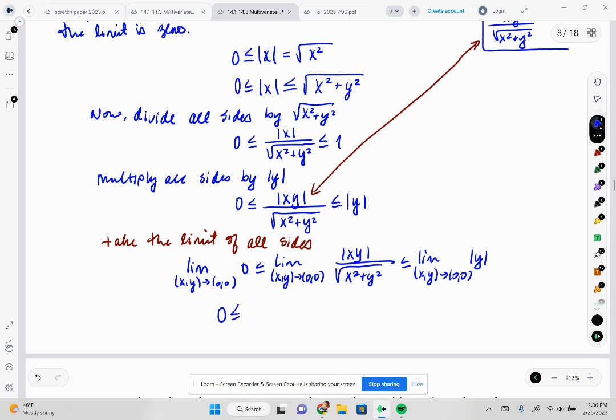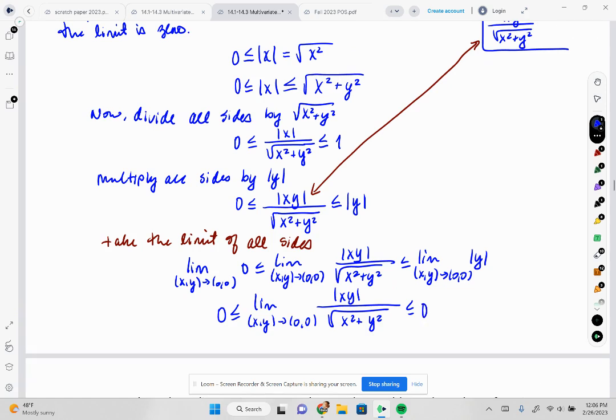In the middle, that's the guy we couldn't evaluate to begin with. So it's just going to stay as the limit as (x, y) approaches (0, 0) of the absolute value of xy over the square root of x squared plus y squared. And the limit as (x, y) approaches (0, 0) of the absolute value of y is 0 as well.